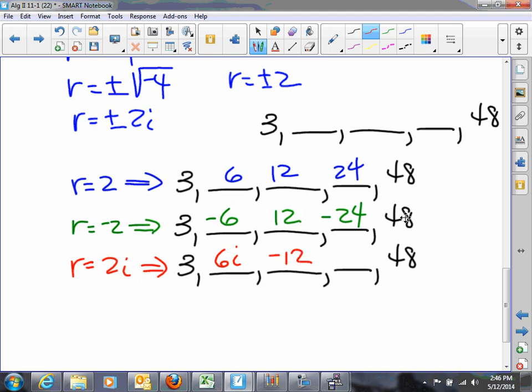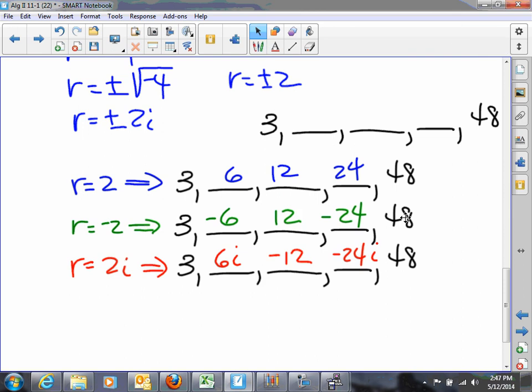Now, -12 times 2i is -24i, and then -24i times 2i would be -48i squared. But since i squared is -1, that would be -48 times -1, which is 48. So 6i, -12, and -24i also work.